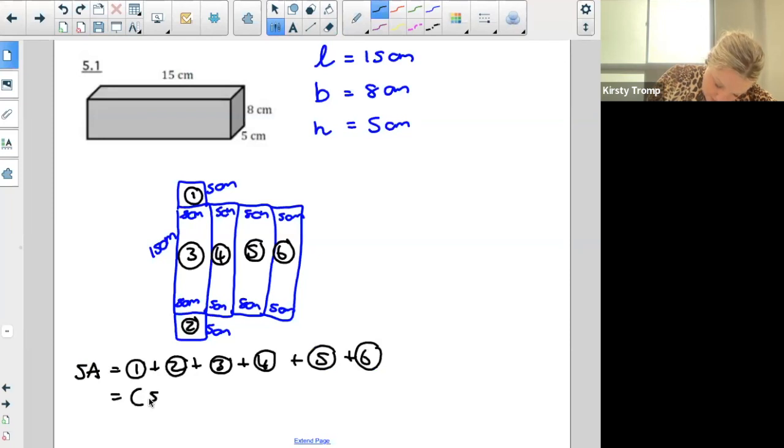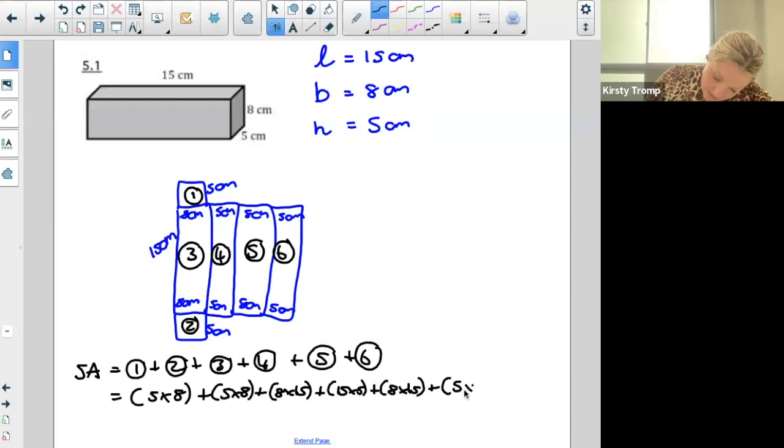So we said 5 times 8 plus 5 times 8 plus 8 times 15 plus 15 times 5 plus 8 times 15, plus 5 times 15. 1, 2, 3, 4, 5, 6 sides altogether.